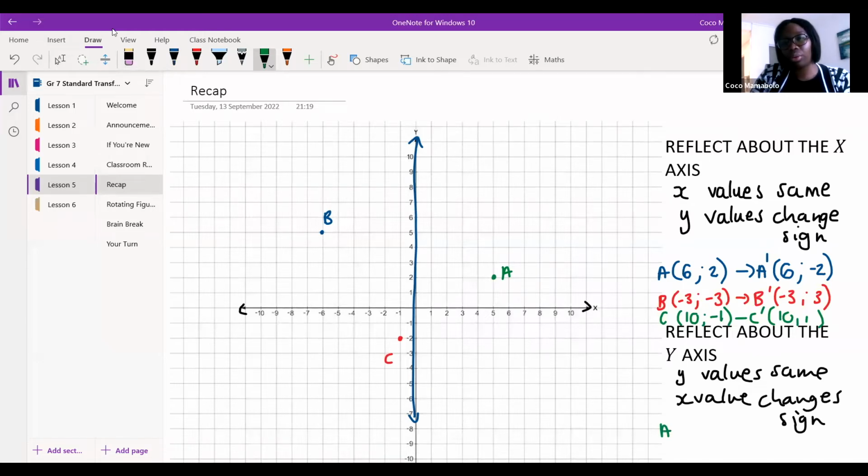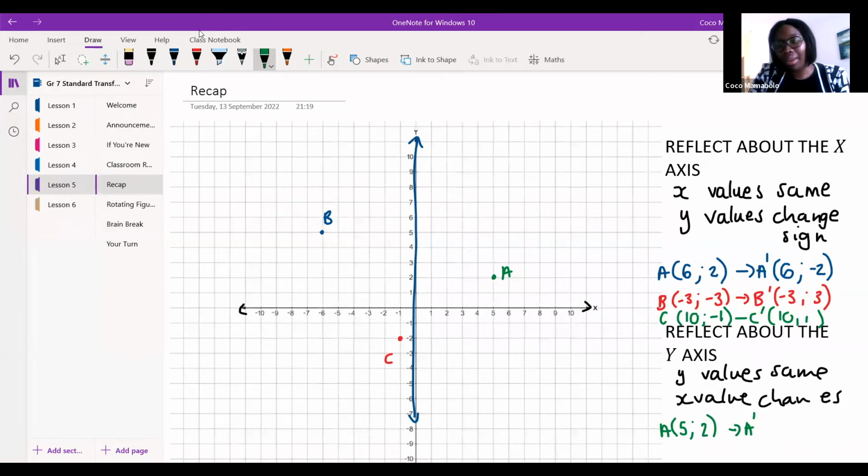What are the coordinates for A, my sweetie? It is 2 and 5. Which one comes first, my X or my Y? Then it is 5 and 2. Good. My X value comes first, 5 and then 2. Now our rule says if I want to find A prime, I'm just going to delete over here so I have space.